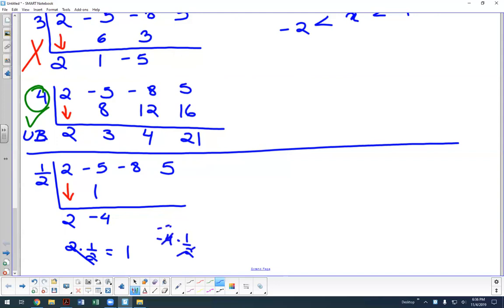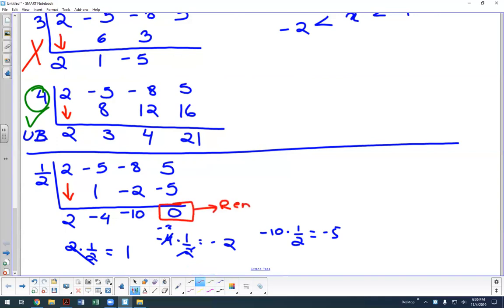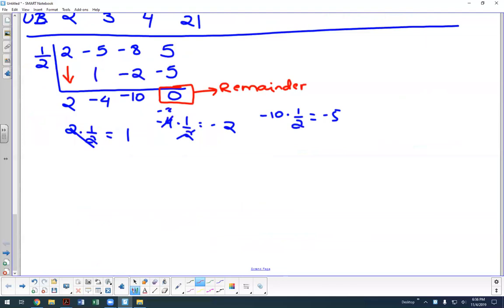So that'll come out to be -2, which is -10, -5. Which is giving you 0 remainder, alrighty. So if it is a 0 remainder, positive 1/2 is one of our roots.